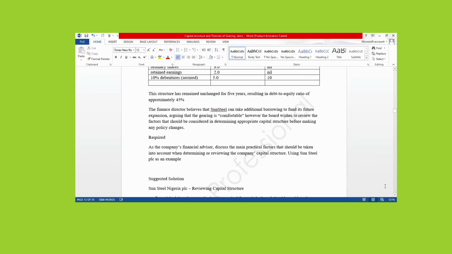Good evening, sir. We'll look at the asset structure, that is, asset backing. From the question, Sunsteel has tangible fixed assets, that is plants in Ogun and Delta states, with warehouses.